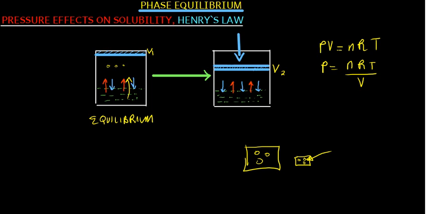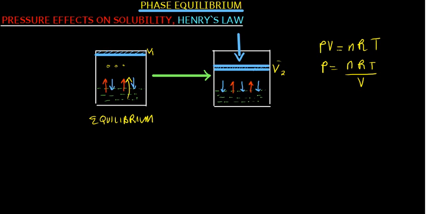Because of the increased number of collisions, pressure increases, because pressure is due to the number of collisions. And so the reduction in volume is increasing pressure. That is one thing that we can see from the ideal gas equation.